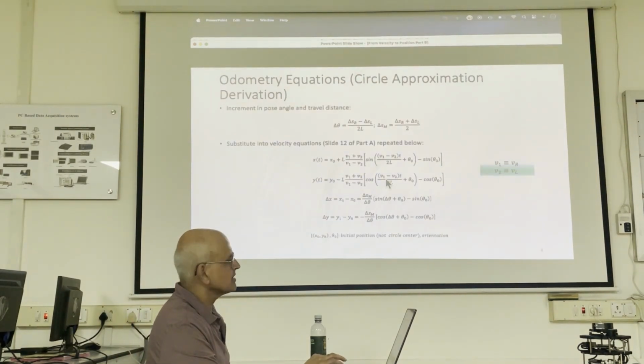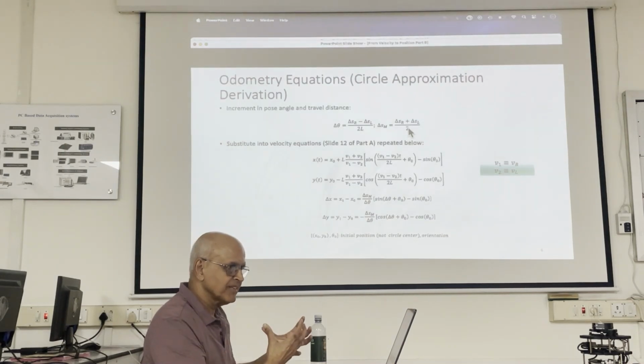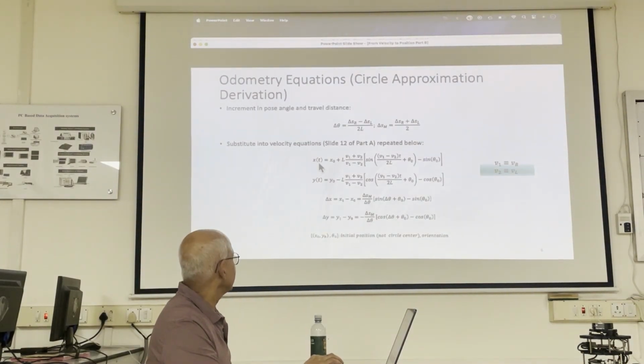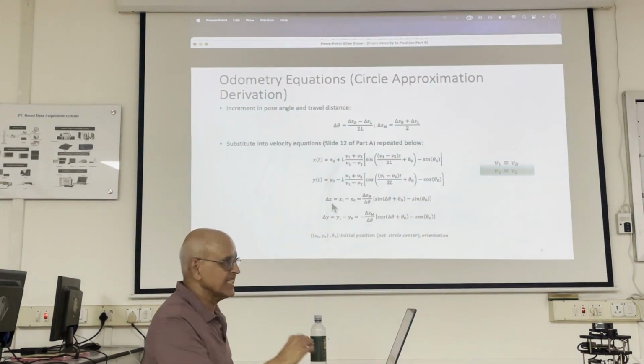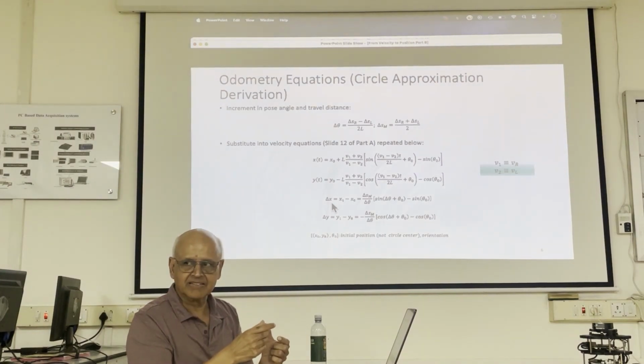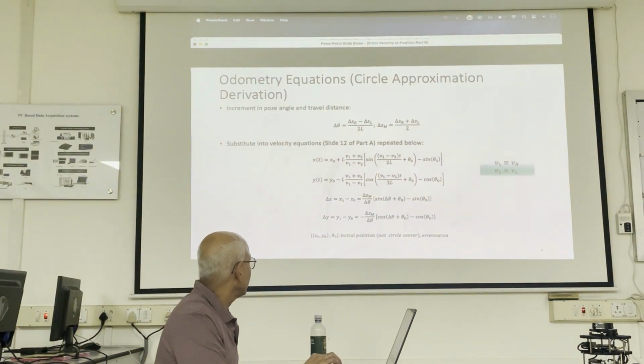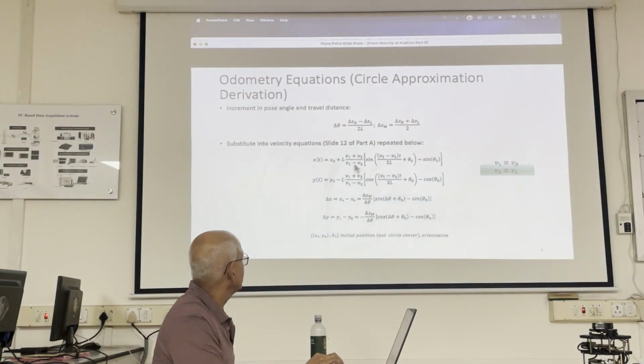I took the equations. Remember, these are our basic concept of odometry. So I take this equation and then I can rewrite it. So what's this? x of t minus x naught, right? That is the change in x, delta x. So that is x1 minus x naught, and over here, look at this coefficient.